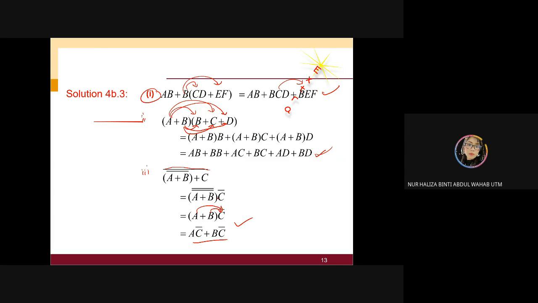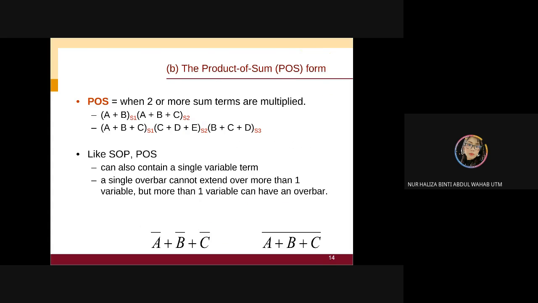Okay, now we move to our POS. POS is slightly different from our SOP, but in terms of a product, you have a product, you go into sum.